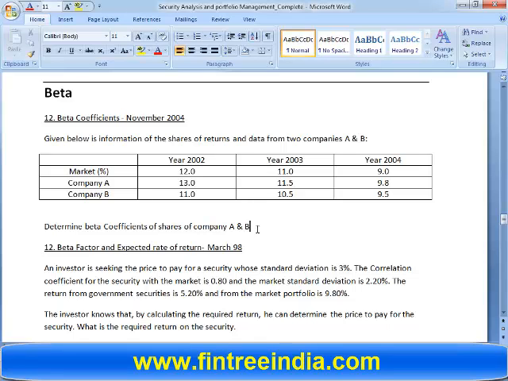How do you calculate beta coefficient of a particular stock?